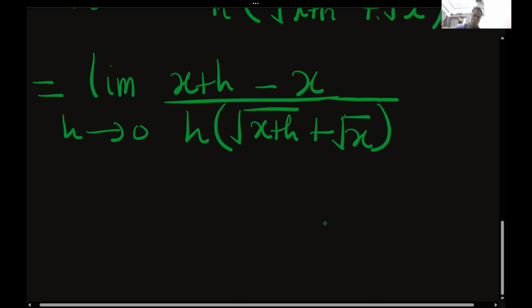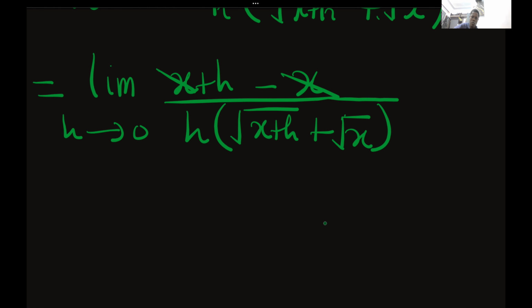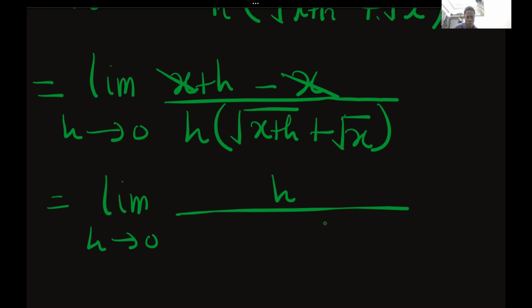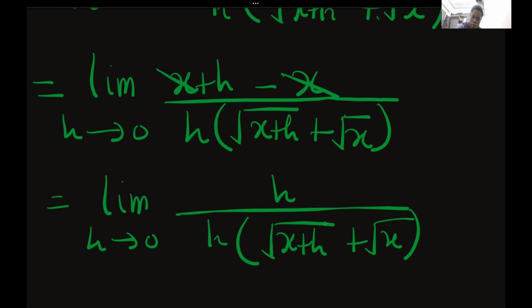Here is positive x, so the negative side cancels the positive one. We are going to get h as the numerator. So it becomes the limit as h approaches 0 of h divided by h multiplying the square root of x plus h plus the square root of x. Then close it nicely.